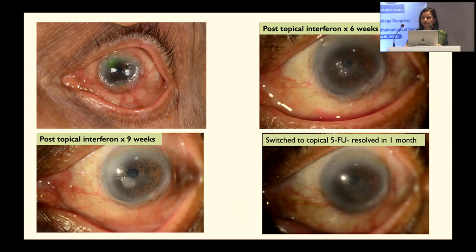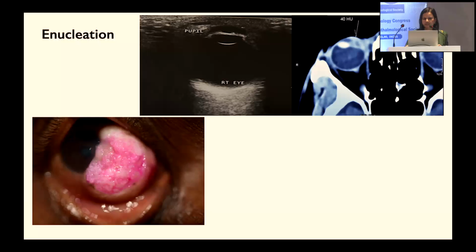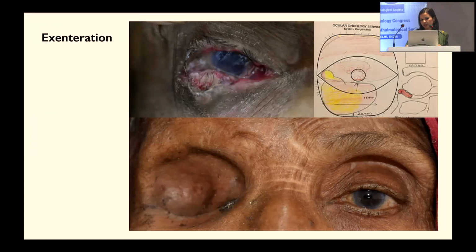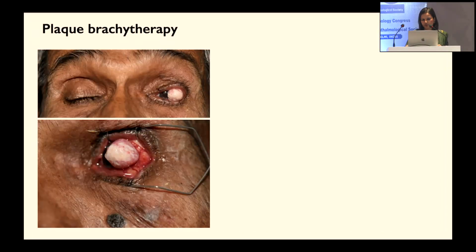Another thing is we can also switch the therapy. Like this patient had undergone 6 cycles of interferon, but there was a certain corneal lesion which was just not going, and when we switched him to 5-FU, it worked really well. This is a case I had seen in my fellowship with Dr. Navasa. When the lesion is very extensive, we can even resort to enucleation and exenteration and rehabilitate these patients appropriately.